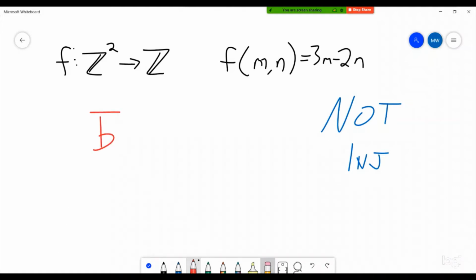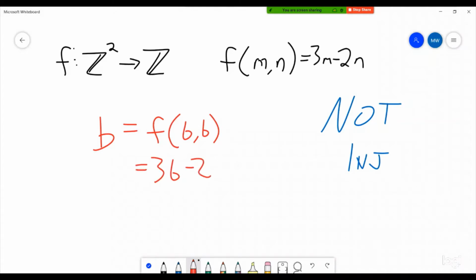Oh, this isn't a class, I don't need the bar over it. So if we want to get b out from our function, is this always going to be equal to f of (b, b)? Well, that's going to be equal to 3b minus 2b, which is always equal to b. So if you want to get b out, just put b in twice into your function, and you will always get b out from your function, which tells us that this is surjective.